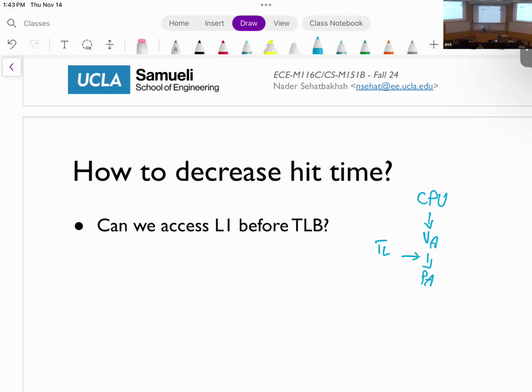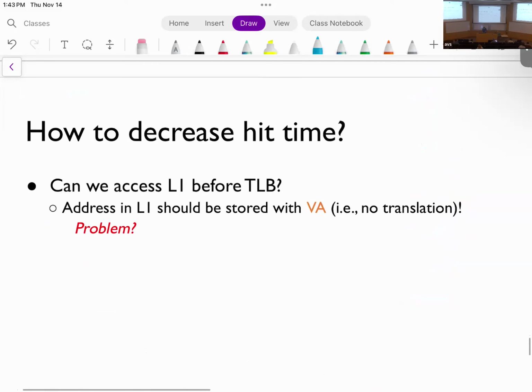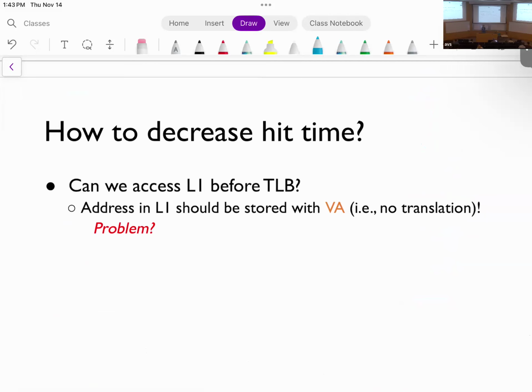And all the accesses, including the L1 cache, are based on physical address. If I want to remove this and directly access my cache using virtual address, I need my cache to somehow understand virtual addresses. But if my cache needs to understand virtual addresses, there are going to be problems.